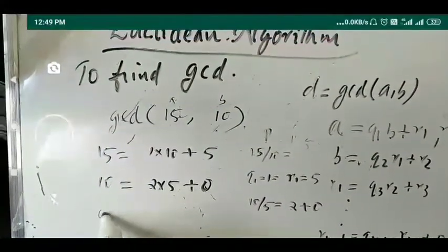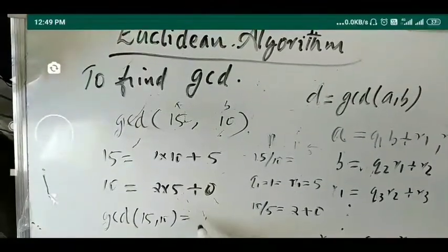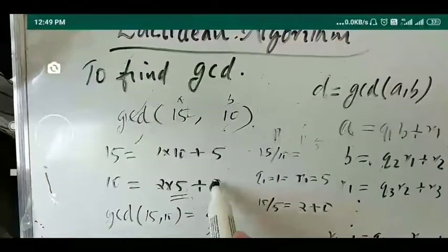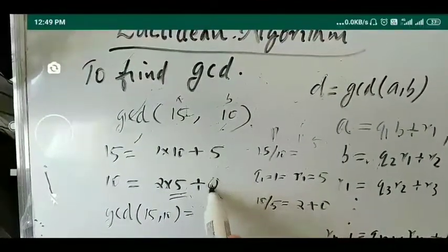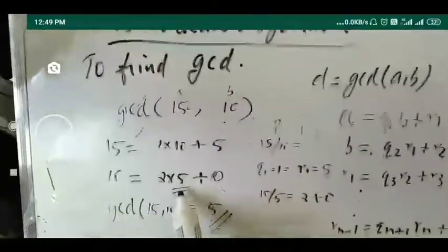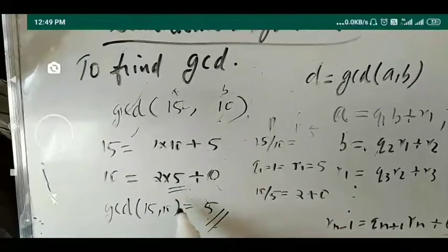So GCD of 15, 10 equal to 5. Whenever we get the remainder 0, the previous remainder is the GCD. Understand?